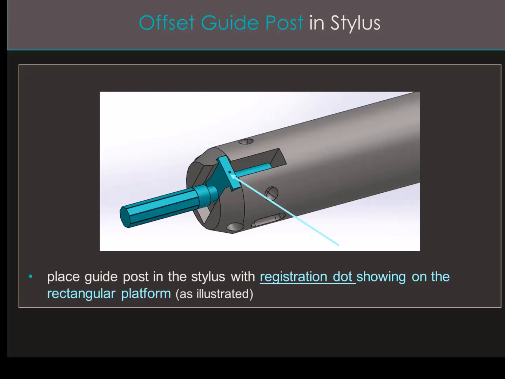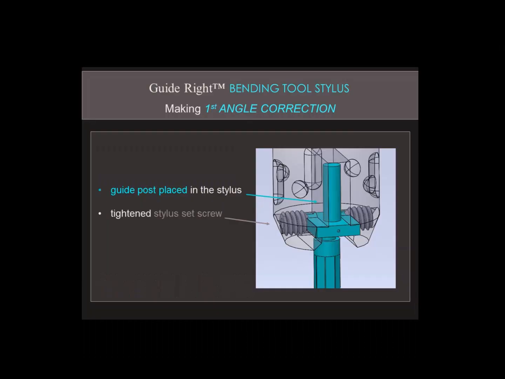The correctable lower part of the guidepost is placed in the stylus with the registration dot on the square platform exposed. The set screws are tightened against the sides of the platform of the guidepost and the stylus with a 0.035-inch driver with a black and red handle.